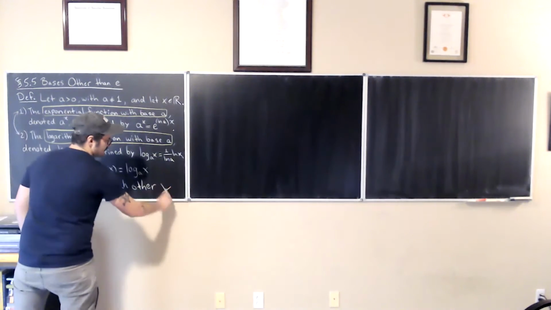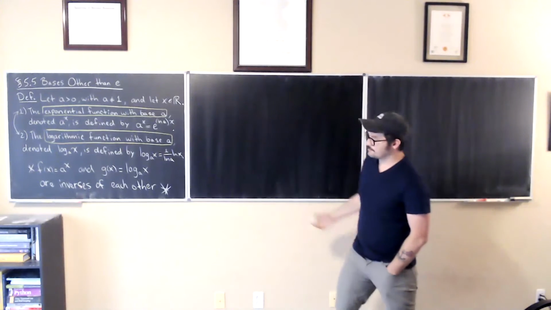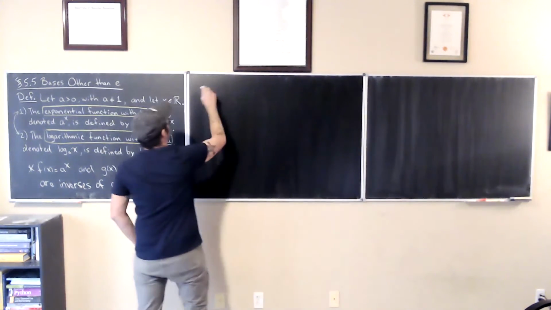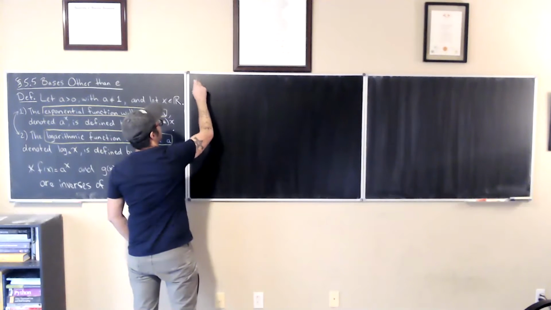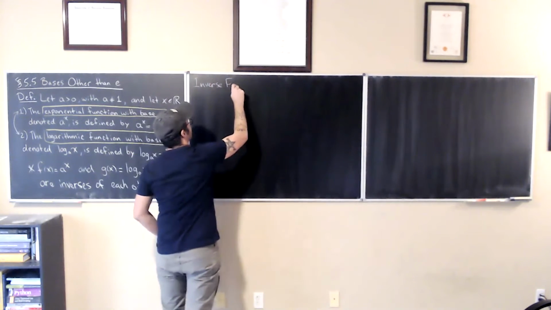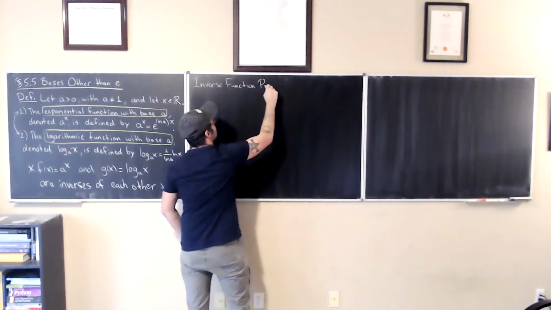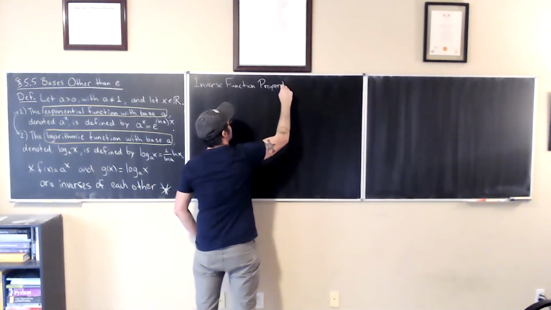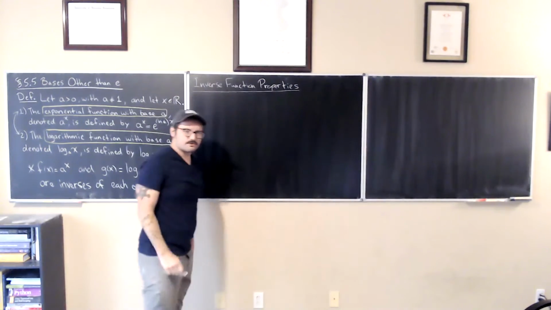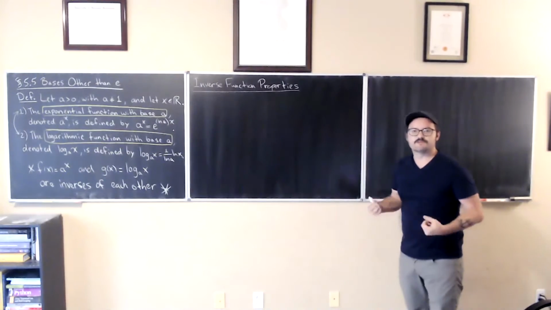So because these are inverses of each other, they're going to satisfy all the properties of being inverses. So for example, I can write down inverse function properties. These are properties that you've probably seen in a college algebra course or a pre-cal course. We're just restating them again.